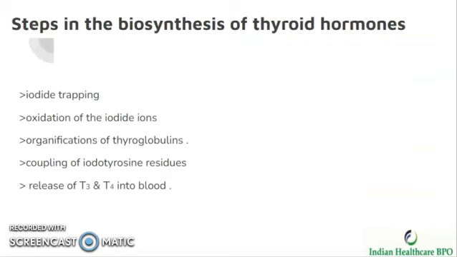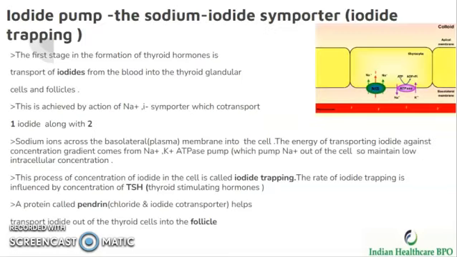Steps in synthesis of thyroid hormones: iodide trapping, oxidation of iodide ions, organification of thyroglobulin, coupling of iodotyrosine residues, and release of T3 and T4 into the blood. First, we'll talk about iodide trapping.